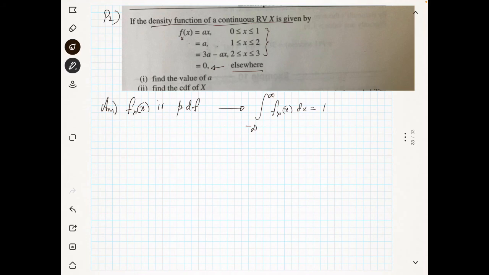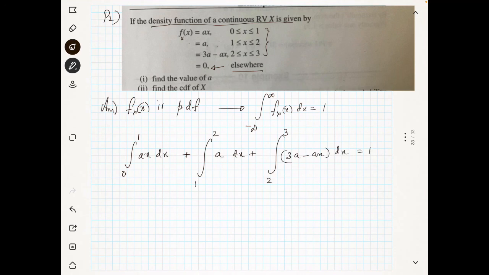So we have to integrate integral 0 to 1 ax dx plus integral 1 to 2 a dx plus integral 2 to 3 3a minus ax dx, this is equal to 1. So this will be always 1.